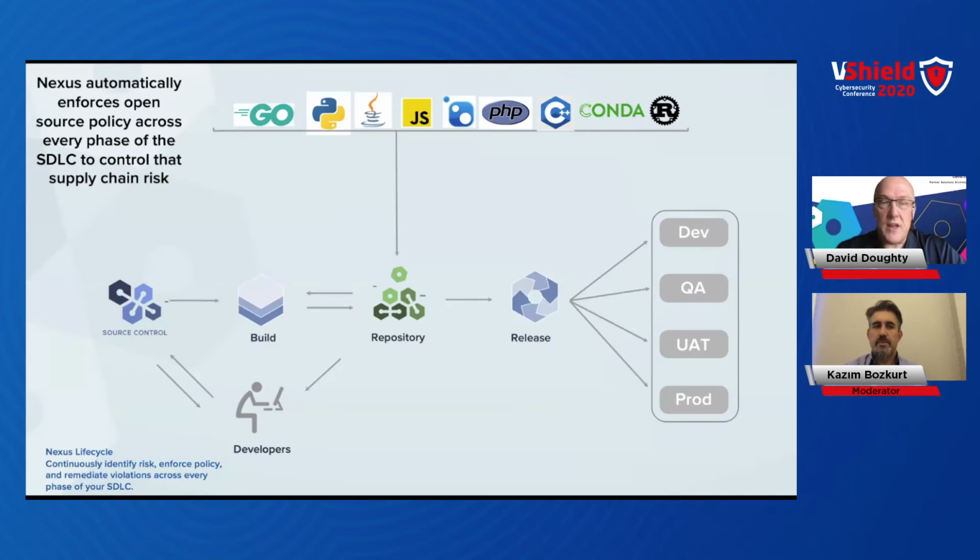So how do we bring that to you? So obviously this requires injection into the software development lifecycle. So we automatically enforce policy across all of the phases in your software development lifecycle through the bringing in of open source components, which would typically come in via repository manager.